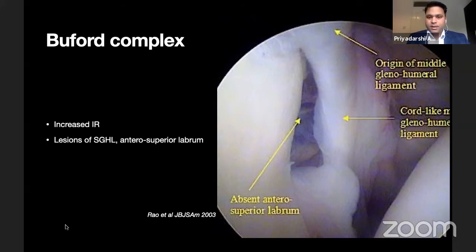In this complex, the labrum is absent in the anterior aspect at the 1 to 3 o'clock position, with a very thick middle glenohumeral ligament which starts from the superior labrum. Though it was earlier thought to be a benign lesion, there are a few reports coming up that it has been associated with lesions of the superior glenohumeral ligament and also the anterior superior labrum.